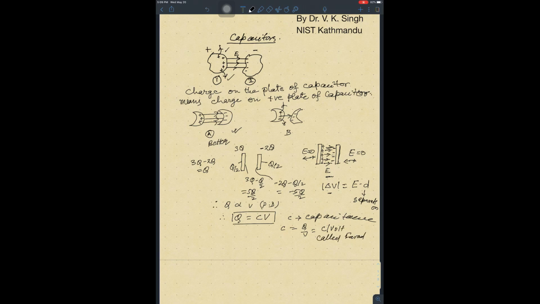Now here, why is it called capacitance? Because in this arrangement, if we give a small value of Q and a very large potential difference is generated, then naturally the value of C will be very small, so it is not a good arrangement and it is of no use.